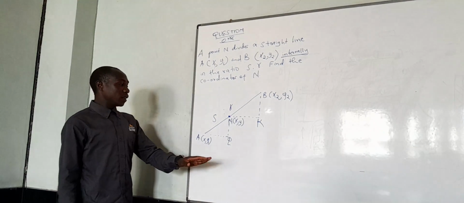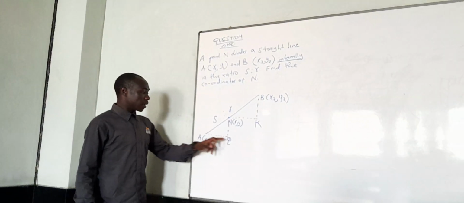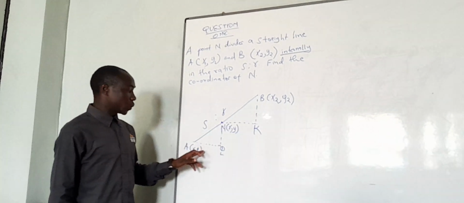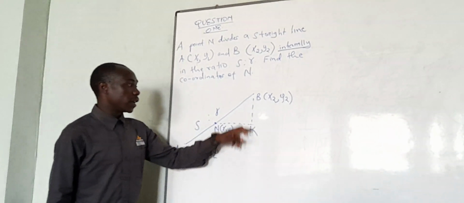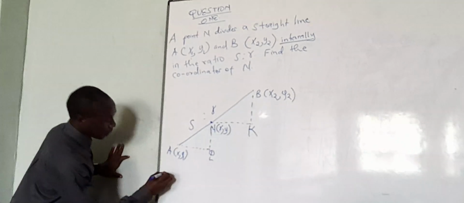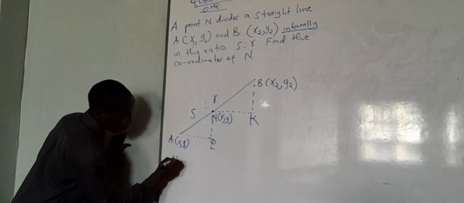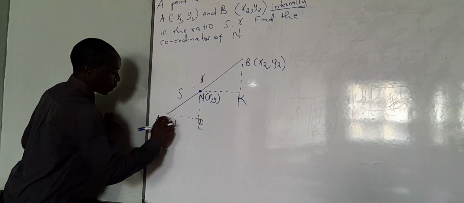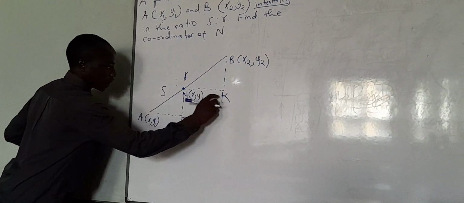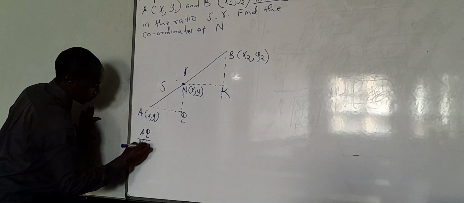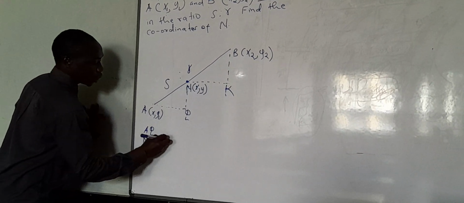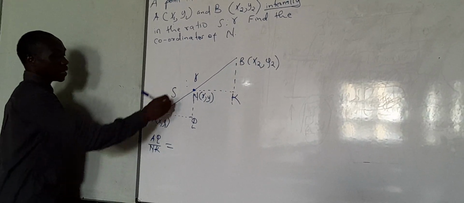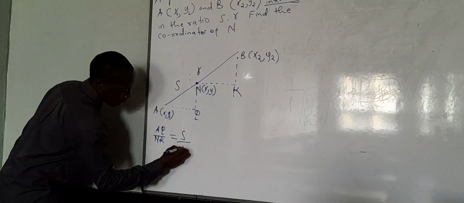We start with AQ divided by NK, which gives a linear scale factor in ratio form, and that's the same as S over R.